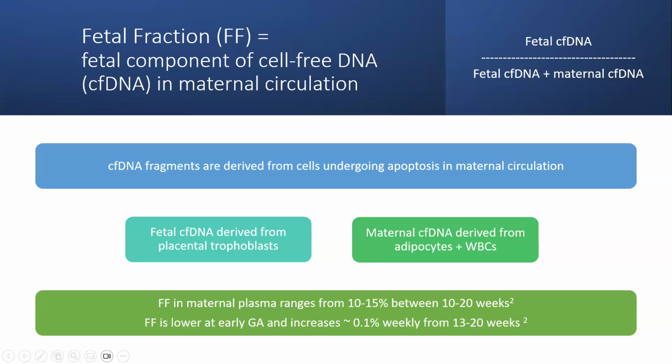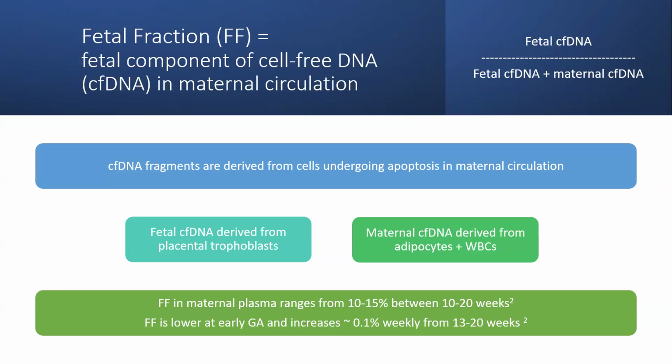So what all of the technologies are based upon and dependent on is fetal fraction. You can think about fetal fraction as the total amount of cell-free DNA that's in maternal circulation. In that cell-free DNA, there are two types.